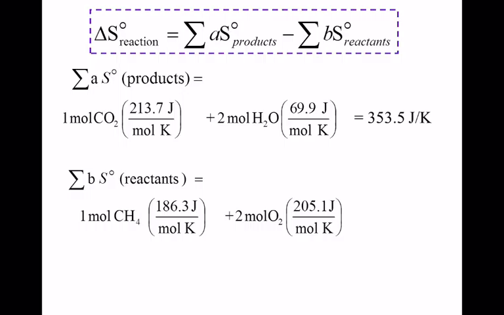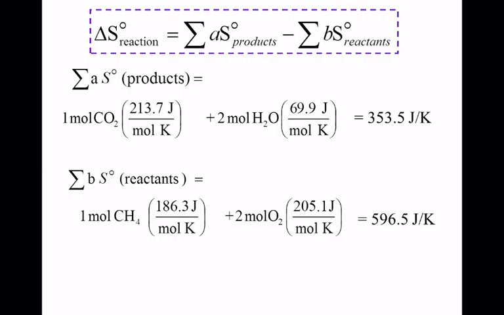The moles cancel, we're left with units of joules per Kelvin, and I get 596.5 joules per Kelvin. Now we're ready to take products minus reactants.